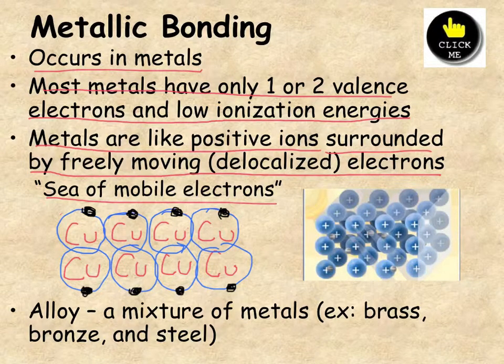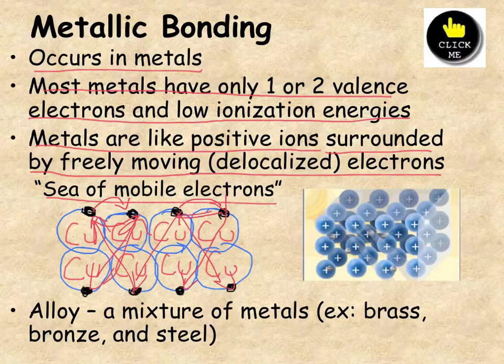So what I mean by the sea of mobile electrons is that this electron here can move over to here, and this electron could just as easily move back here because they're so loosely bound and so delocalized that they can randomly move around in this sea of mobile electrons. It's just as easy that this one can move here and this one can move here, or this one could move down here or here, because they're all overlapped in this whole big sea, and because of this constant motion back and forth, they are very good conductors of both electricity and heat.